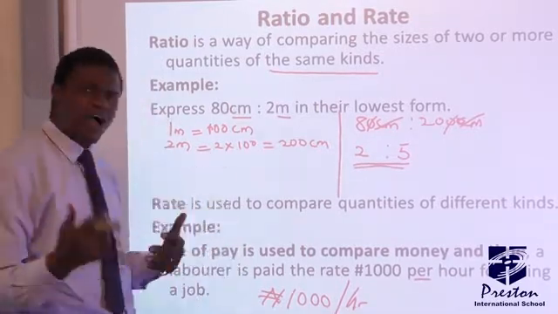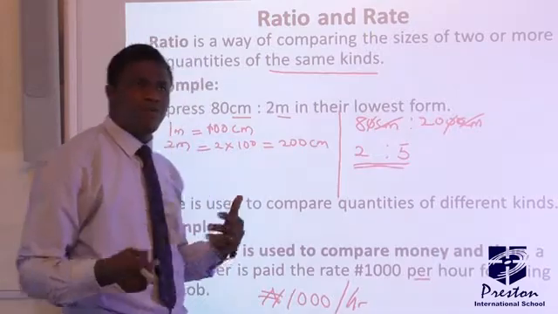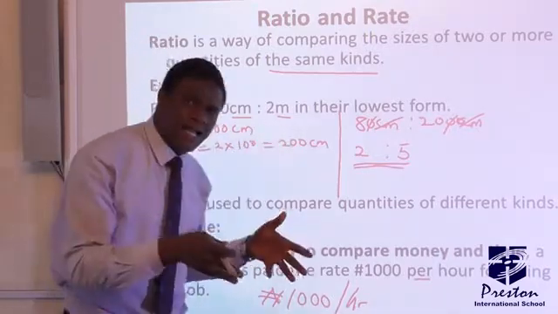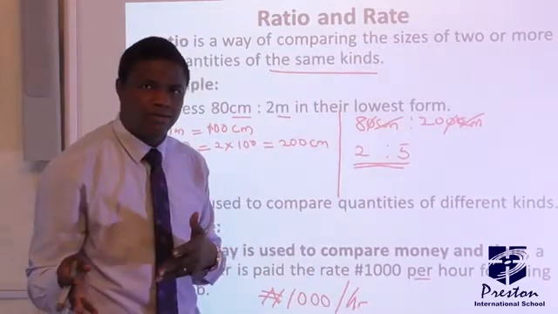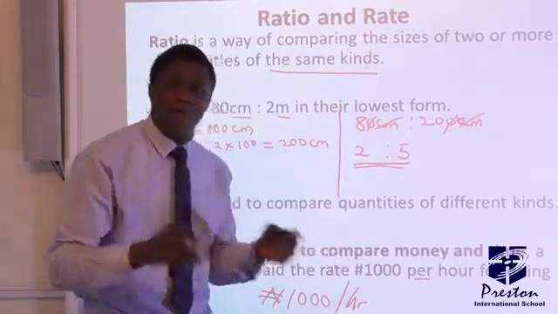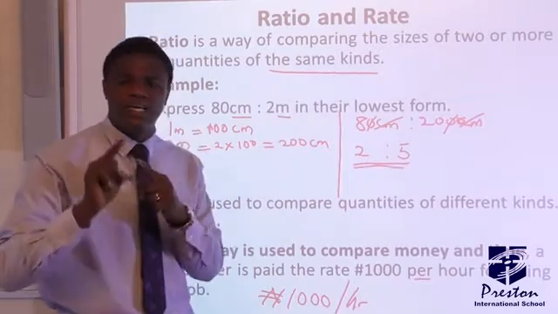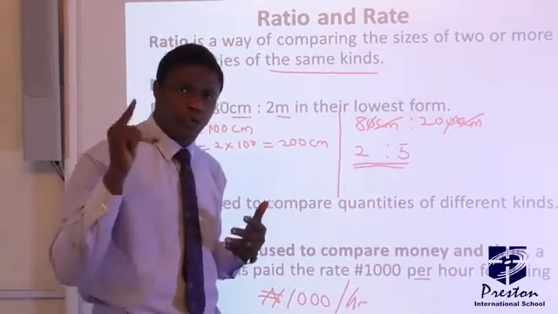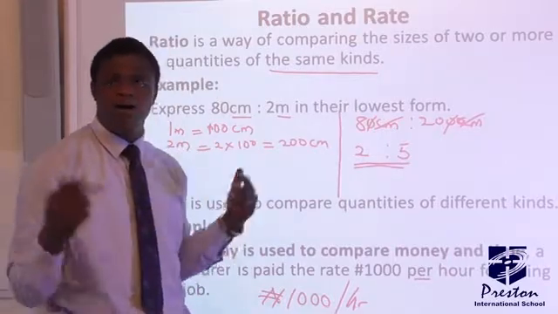Also, another example we have is consumption of fuel. When you are talking about covering a distance of 10 kilometers in 1 hour, or 10 kilometers per 1 liter. That means in every 10 kilometers you move with your vehicle, you will consume 1 liter of petrol.